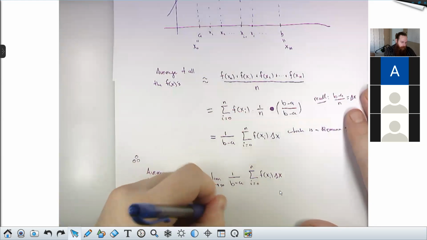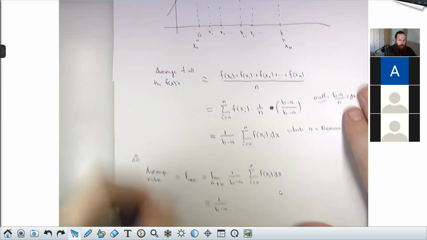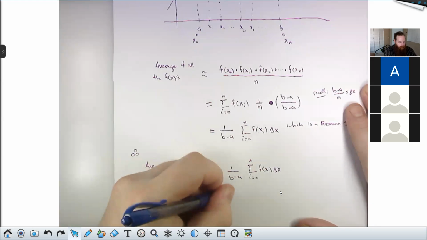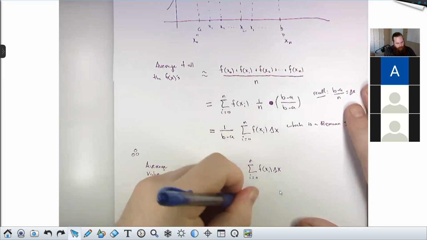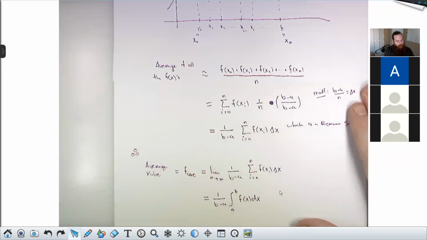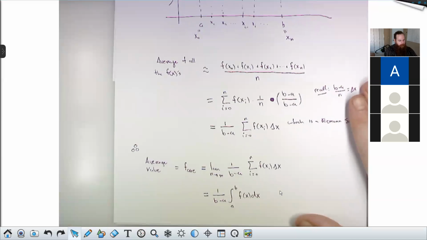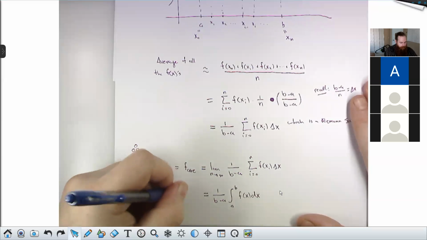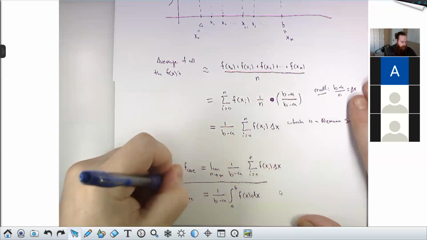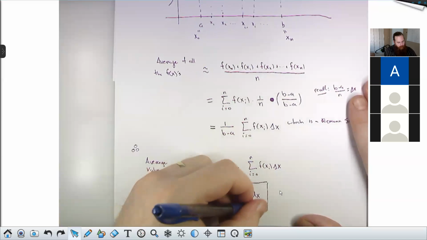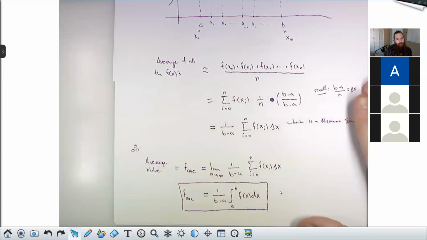So we get 1 over b minus a, that's just coming along for the ride, times the integral from a to b of f of x dx. So this is what f av is. That is how you find the average of all the outputs for f of x.